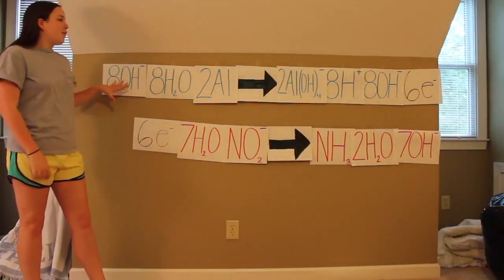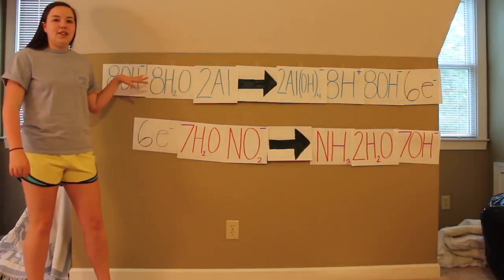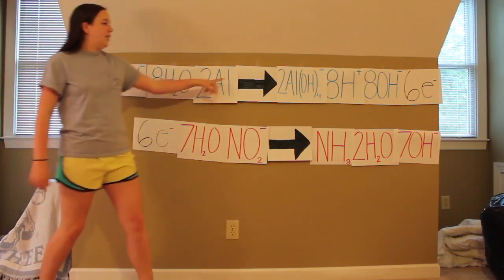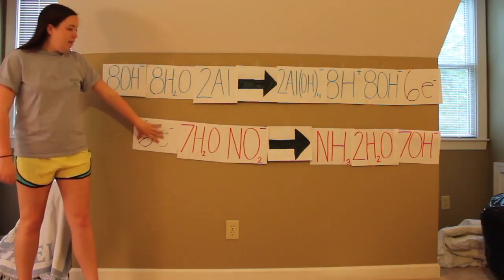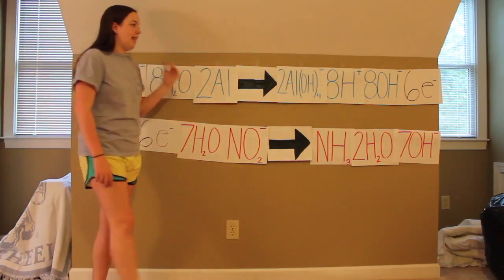Okay, so now I have multiplied the entire oxidation half reaction by 2, so we have 8 and 2, 2, 2, 8, 6. So now our electrons will be equal, which means they can cross out in the end.